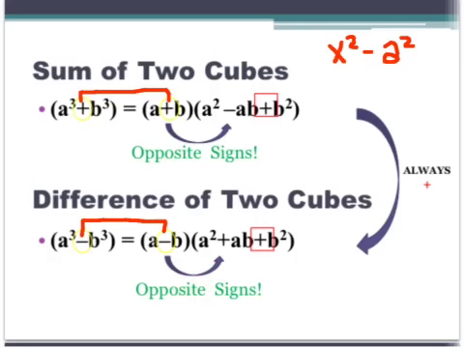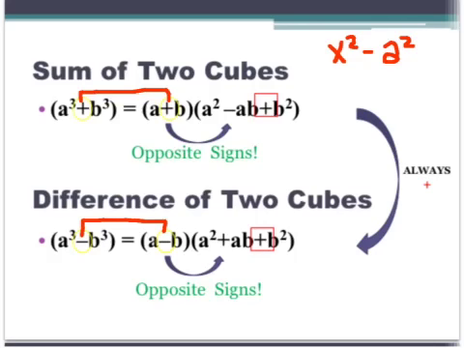So if you start out with the difference of perfect cubes, your first binomial is going to have a minus sign. Therefore, your next sign inside your trinomial is going to be a plus. With a sum, if it's a plus, then the first binomial is a plus, and then the first sign in your trinomial is a minus. Hope I haven't lost you just yet.